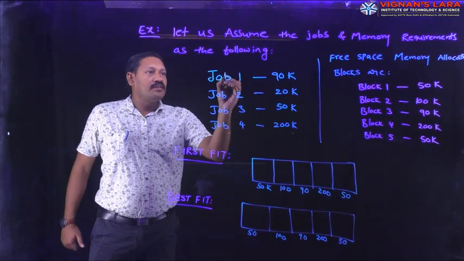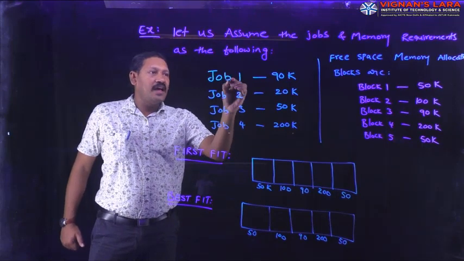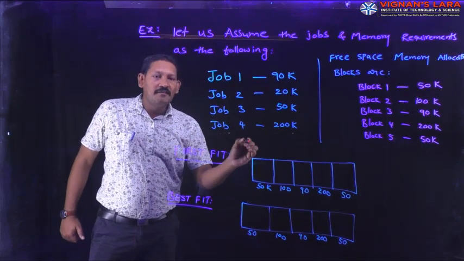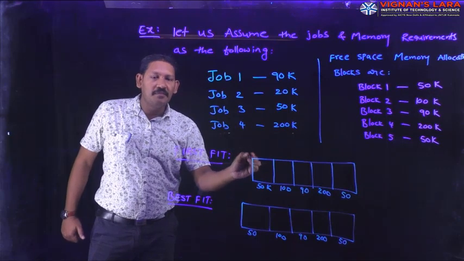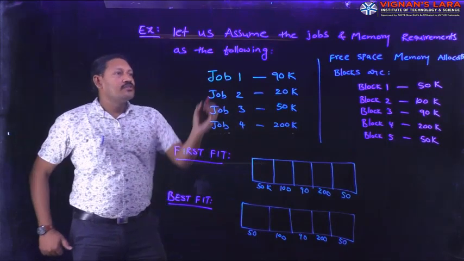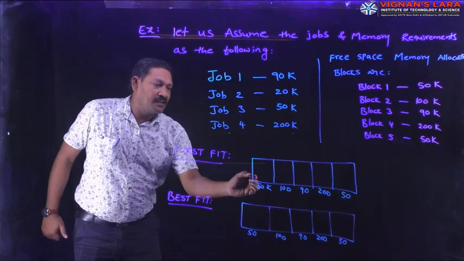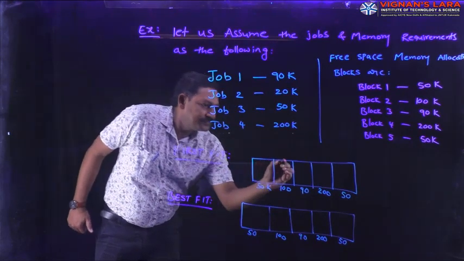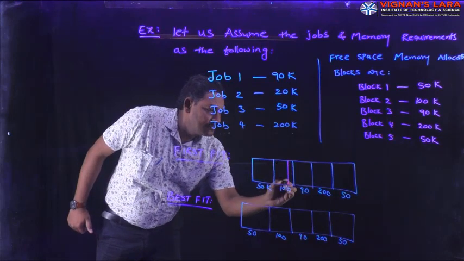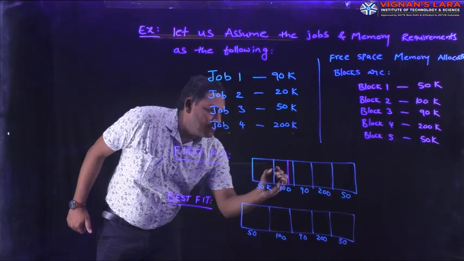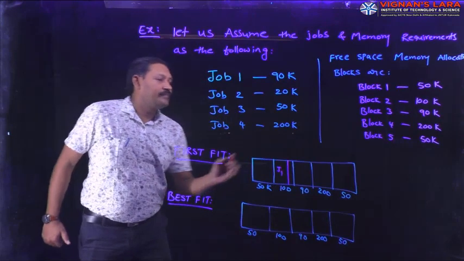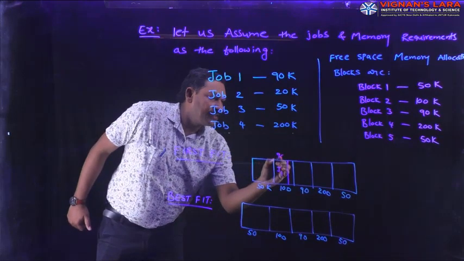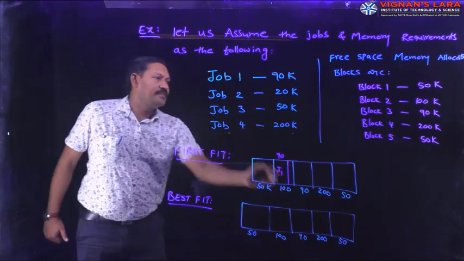Whatever the job requirement is, we verify in the first available block itself. So job 1, 90k, we check here. No, it is not capable of accommodating. 100, yes. So job 1, J1, 90, is fitted here.